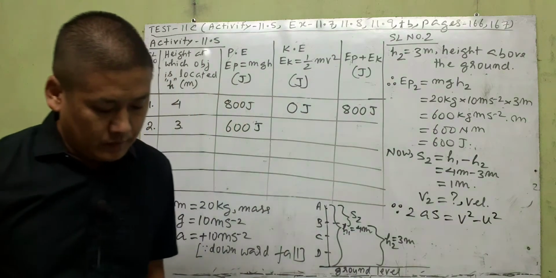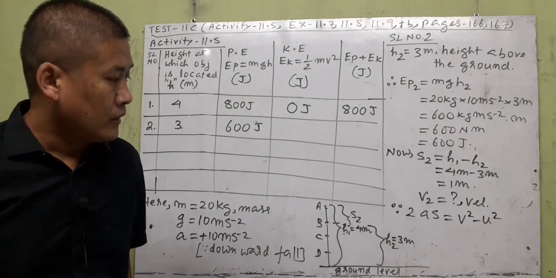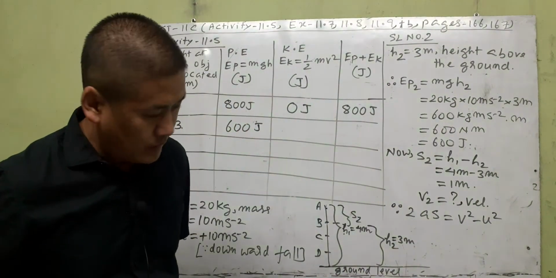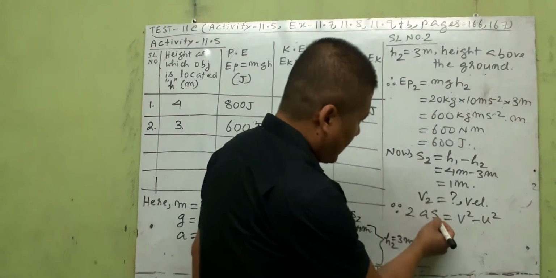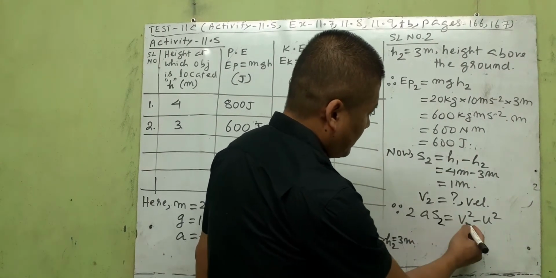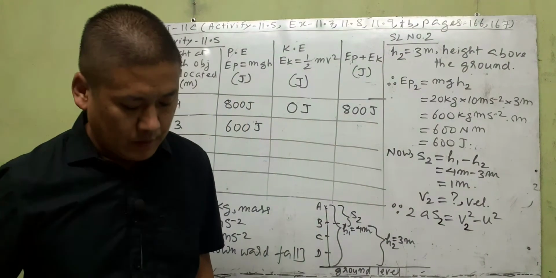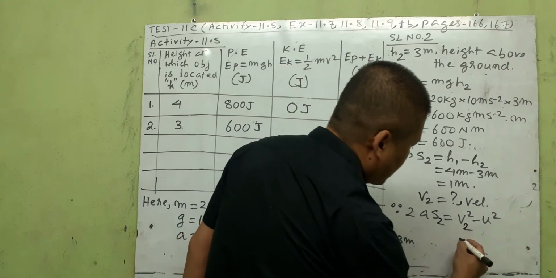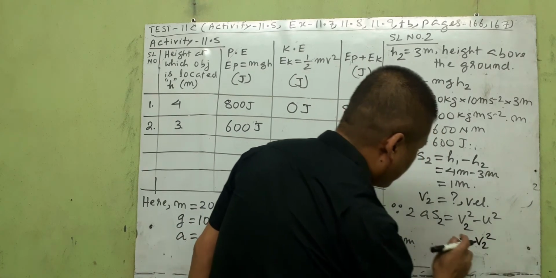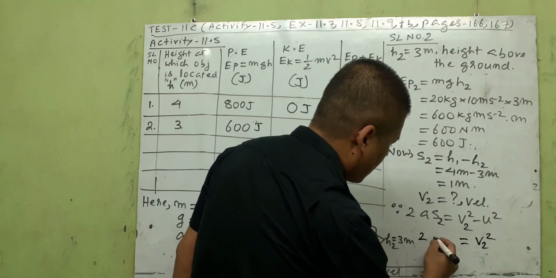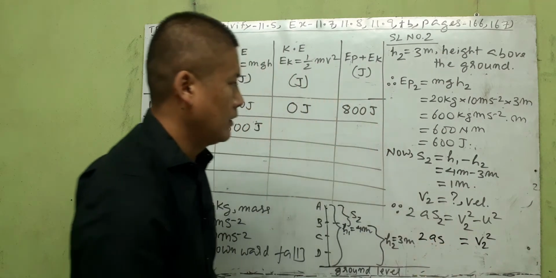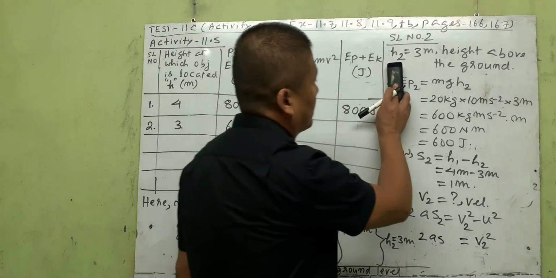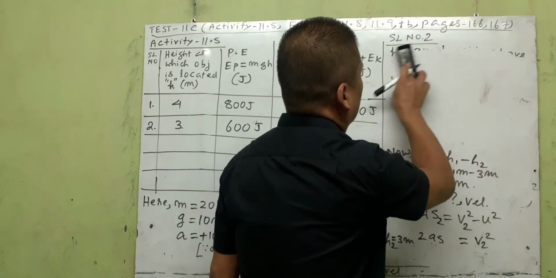In this case, acceleration is going to be the same throughout, but S we have put as S2, so here S2, V we have put as V2 square, and U is going to be the same throughout. So let us calculate this V2 square, which is 2aS. Since we are done with potential energy, I think we can drop this part, and you can write here.